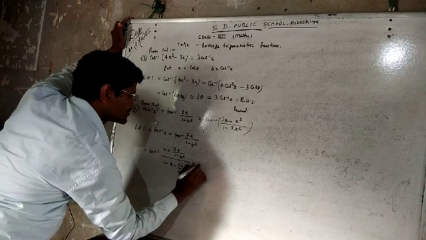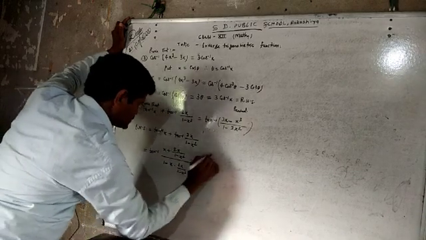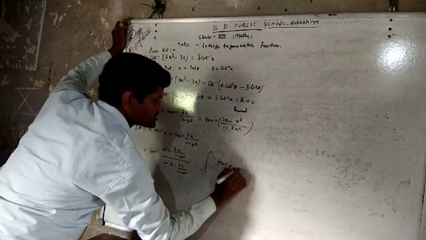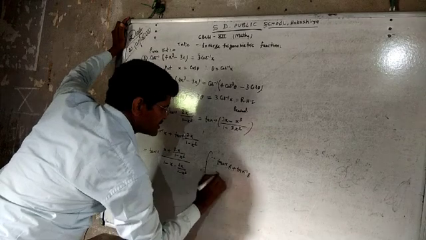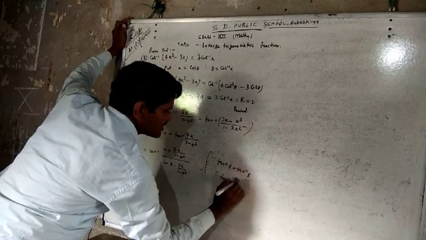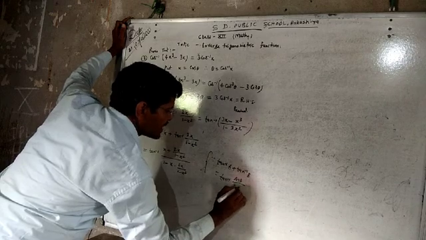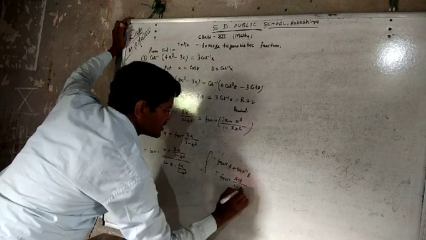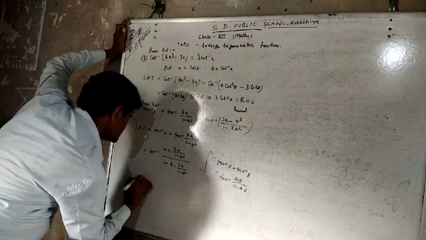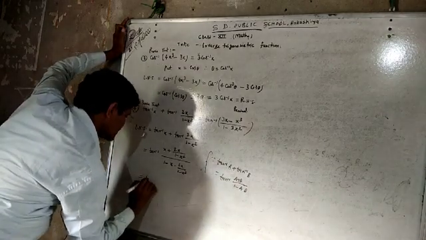Since tan inverse A plus tan inverse B is equal to tan inverse A plus B upon 1 minus A into B, it is equal to tan inverse.